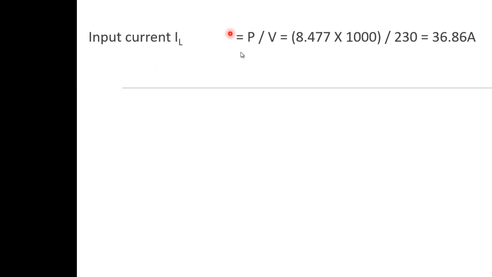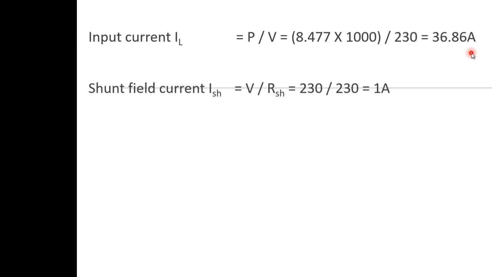So we know that the power is equal to 8.477 kilowatts, so into 1000, divided by V. So power is equal to V into IL formula. So we are here finding out the IL. So IL is equal to P divided by V, which is equal to 8.477 into 1000 divided by 230. Then we will get that IL is 36.86 amps. Then shunt field current, ISH.